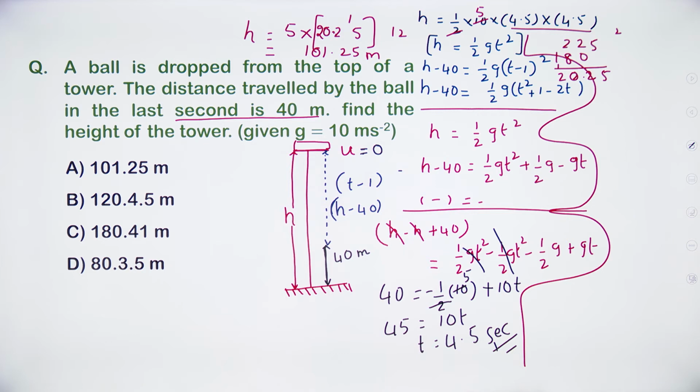After that, in the last second the distance travelled by that ball they have given, all right. Now, in t minus 1 second the distance travelled by that ball is going to be h minus 40, yes.